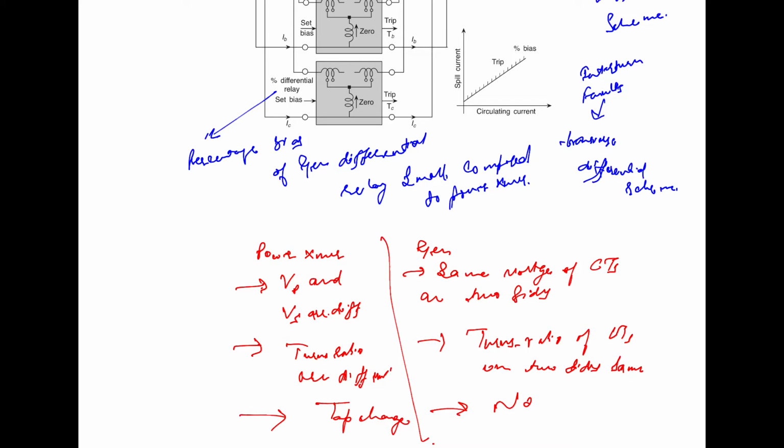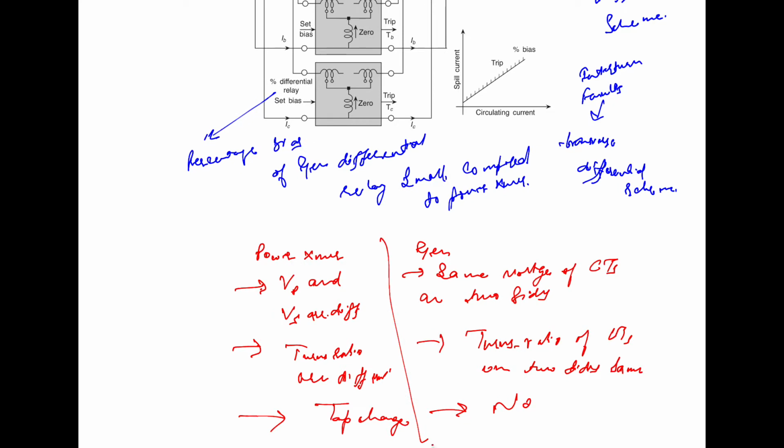Normally the percentage bias setting of the generator is about 5 to 10%, and this is adequate for longitudinal differential protection of the generator stator winding, whereas in the case of the transformer, a percentage bias setting of 20 to 40% may be required.